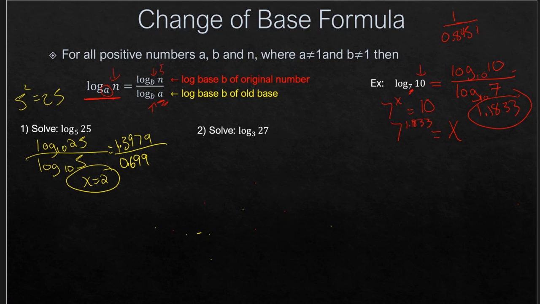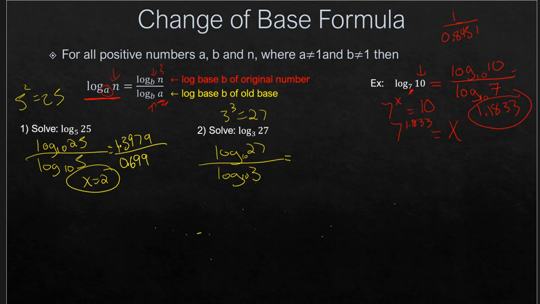For this next one, this is another one I picked because hopefully we know that 3 to the third is 27. So we kind of know what the answer is, but let's use our change of base. So it'll be the log of 27 over the log of 3. Again, you can write the 10 in there if you need to, because we are changing the base to base 10, common log. And then in our calculators, we can just go ahead and calculate that.